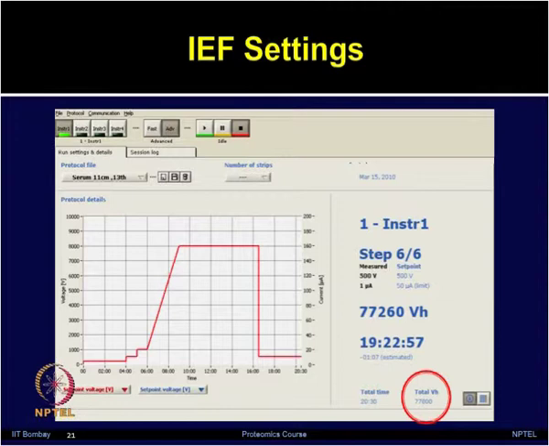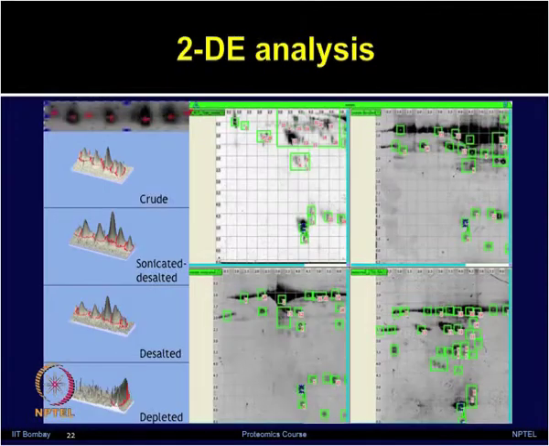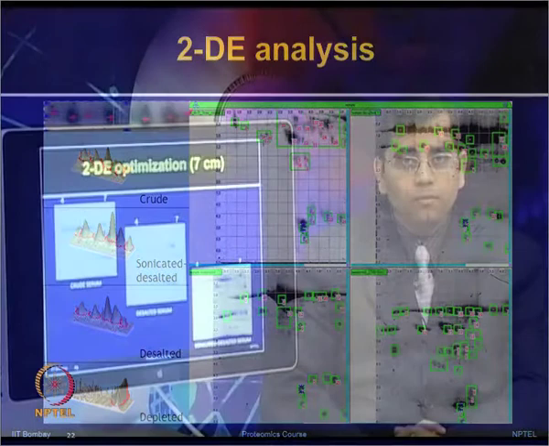From the software you can monitor how smoothly your isoelectric focusing is progressing. So, we tried various effects: crude serum alone, sonicated and desalted, desalted alone, and depleted and desalted, and then compared the effect of this processing on overall proteome coverage.